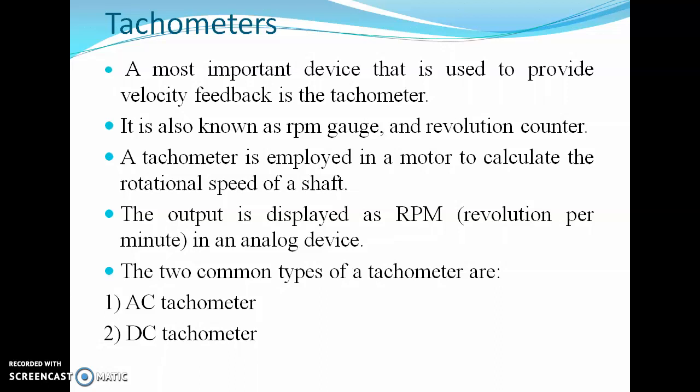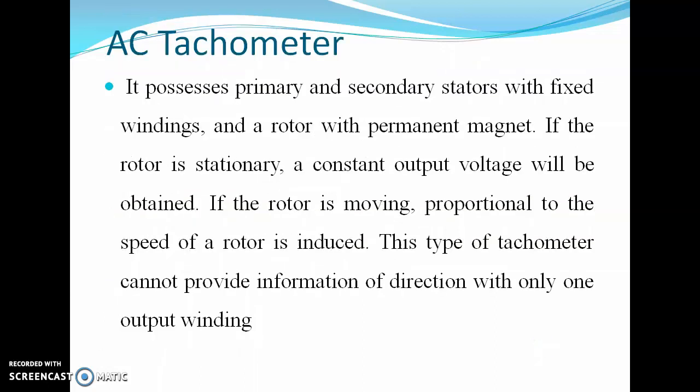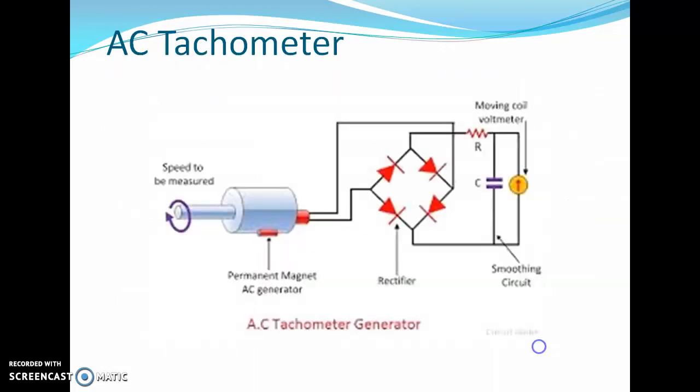The main common types of tachometers are AC tachometer and DC tachometer. So we are going to see one by one. What is meant by AC tachometer? So here you can see, first of all, this is the speed to be measured. Then these are the permanent magnets provided here, AC generator.